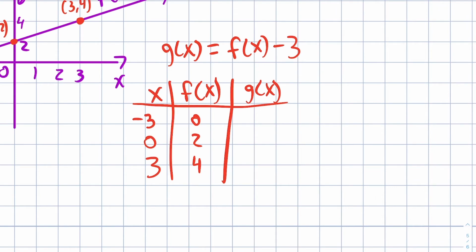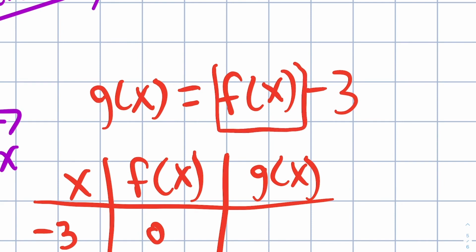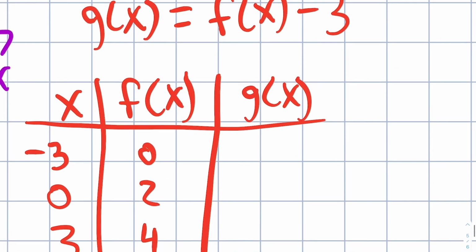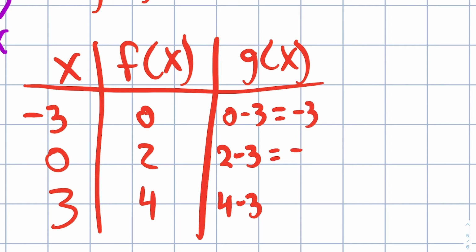G of x is all of f: any output that you get for f, you're going to subtract 3 from it. So we do 0 minus 3, 2 minus 3, 4 minus 3. That gives us negative 3, negative 1, 1.